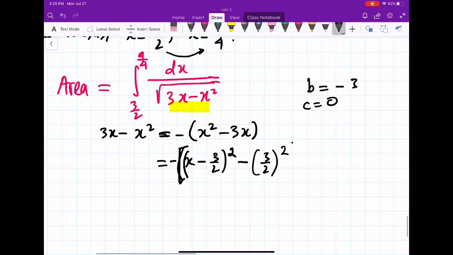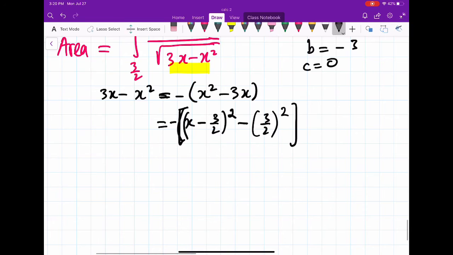So I have this, and then this is what I can write. That is actually 3/2 squared minus x minus 3/2 squared. I just write this back, right? All right.